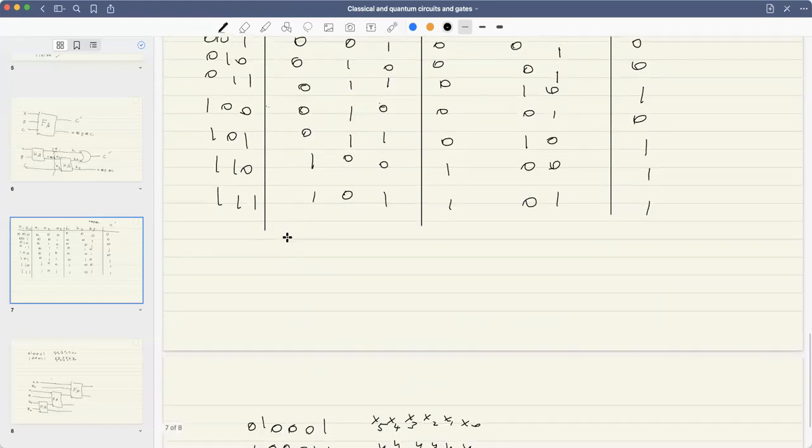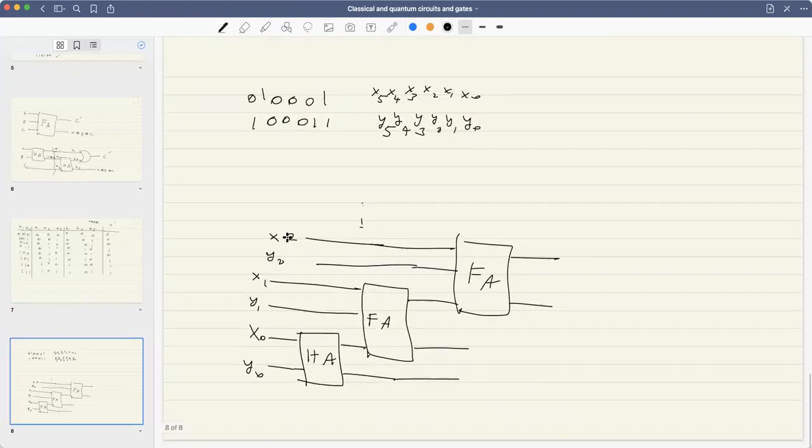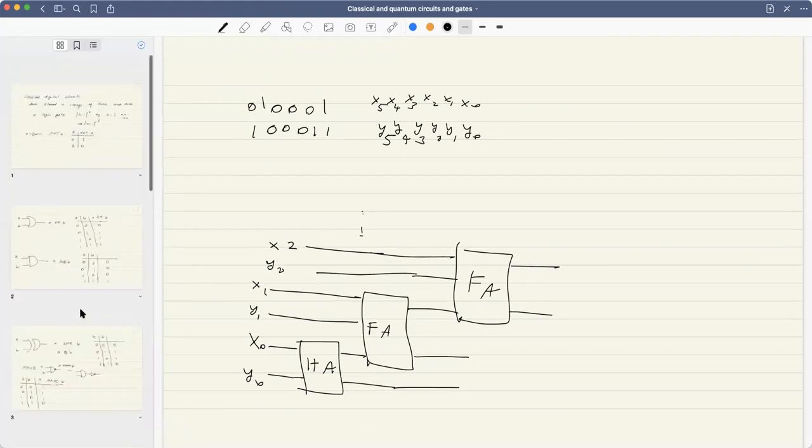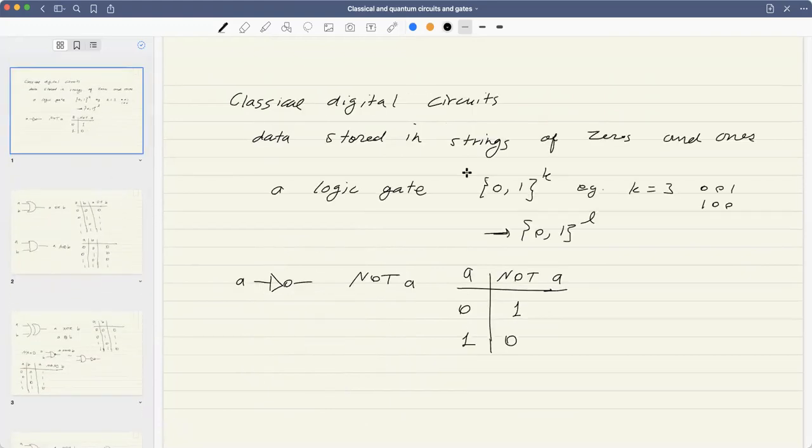But then it's going to apply on some superposition of states. So how should we think of a quantum circuit? We want to build some intuition about the quantum analog of these digital circuits that manipulate data.